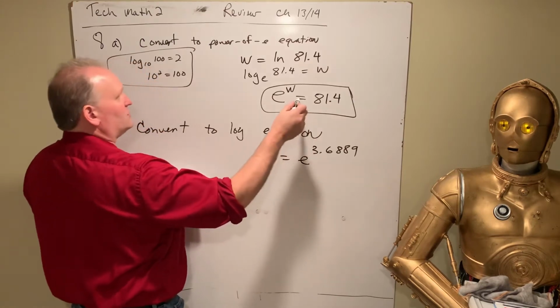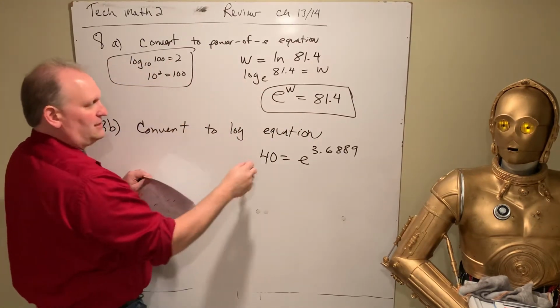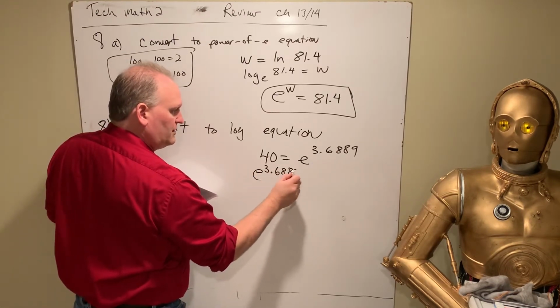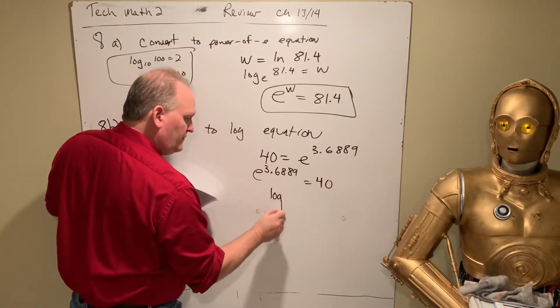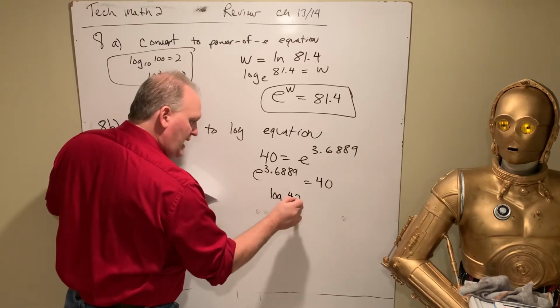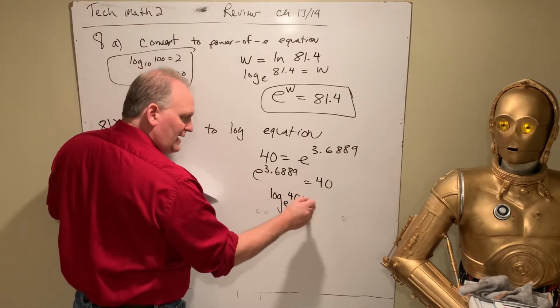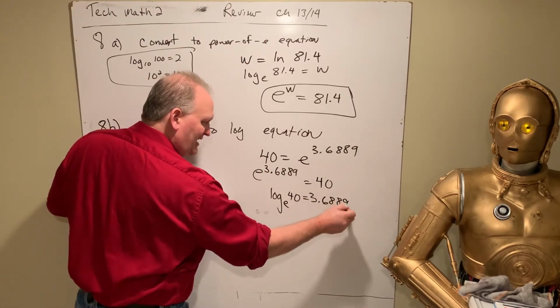So we're going to convert that from this back to that. So I'll put this first just so it looks the same order. And now remember, it's log to this base of that number. So they're asking e to what power gives you 40. And that is a weird power, 3.6889.